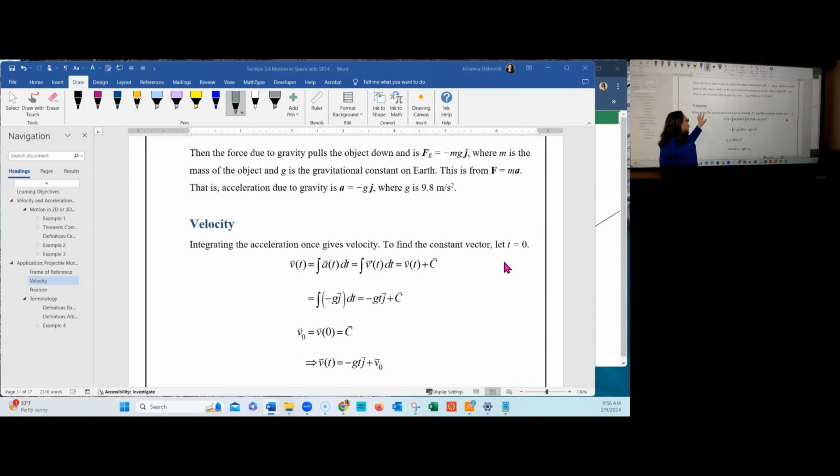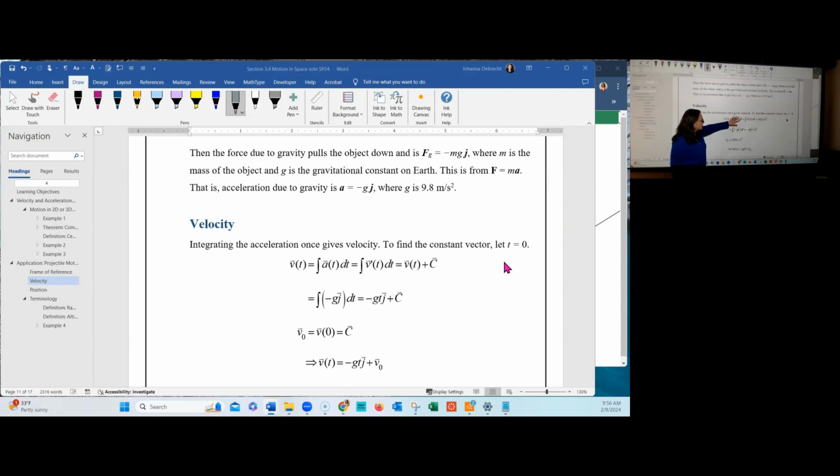So what we want to do to find the different acceleration of this is we're going to integrate acceleration to get velocity. So we have acceleration as negative g in the j hat direction, all right, where g is a positive 9.8 meters per second squared.